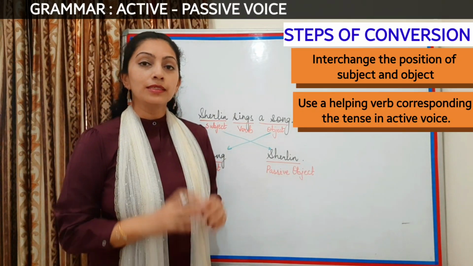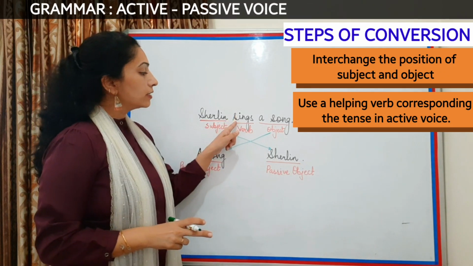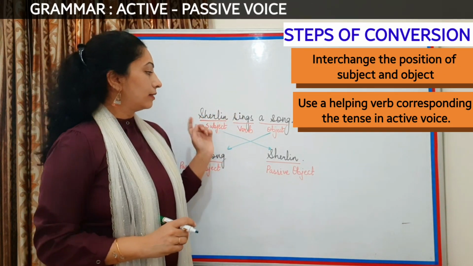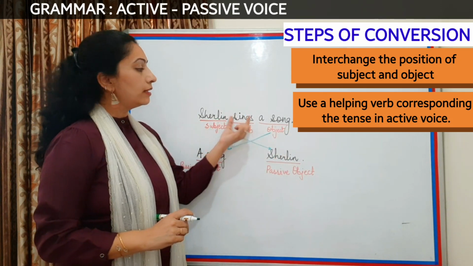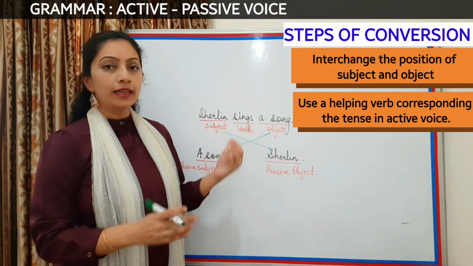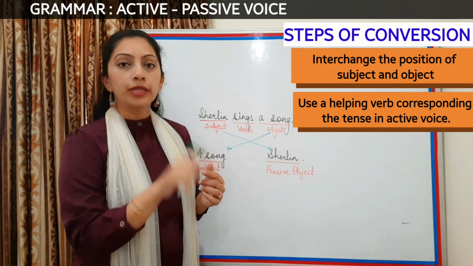The second step is now I have to use a helping verb which will correspond to the tense of the active voice. If I look at this sentence, Sherlyn sings a song, this sentence tells me that it is in present tense. So I have to use a helping verb of the present tense.